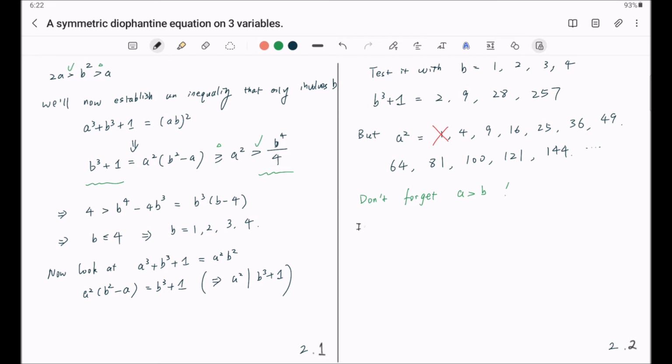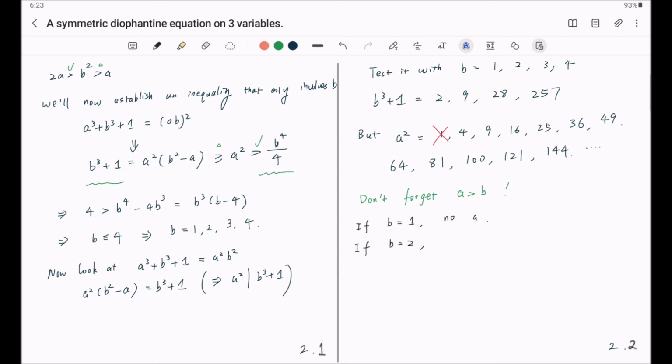So now if B is equal to 1, then B cubed plus 1 is equal to 2. So there are no solutions A. If B is equal to 2, then 2 cubed plus 1 is equal to 9.